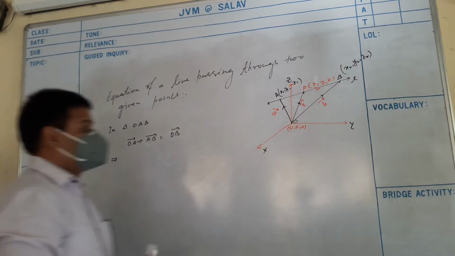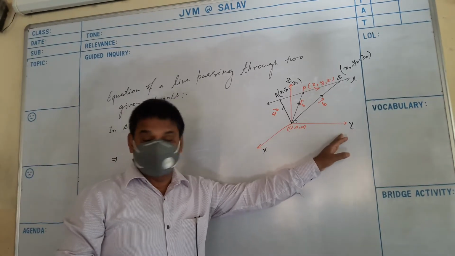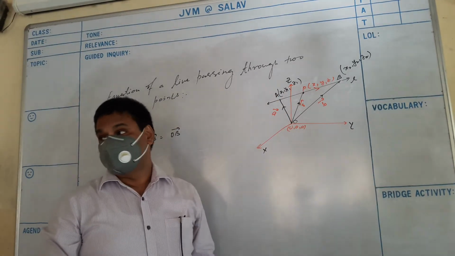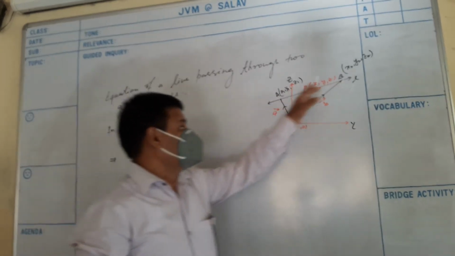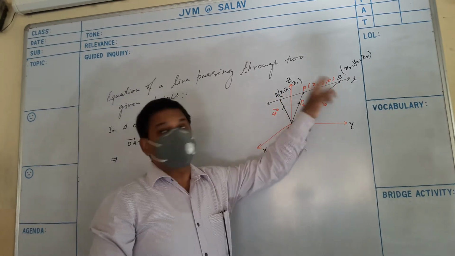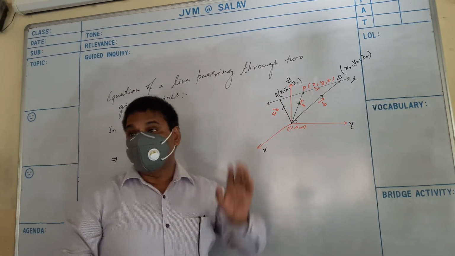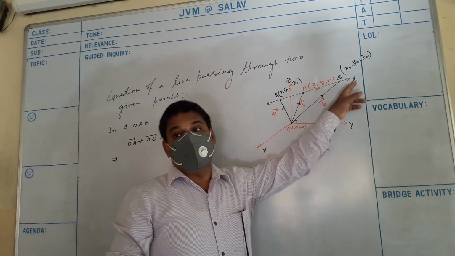So see here, this is your x-axis, here the y-axis, and this is your z-axis. This is a line L, and on the line L, A and B are two points. We have to find the equation of a line where two points are given.